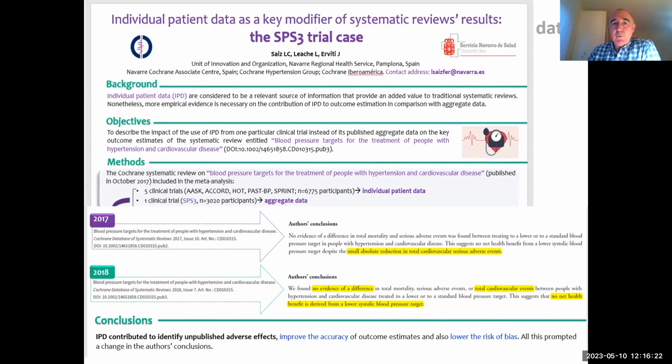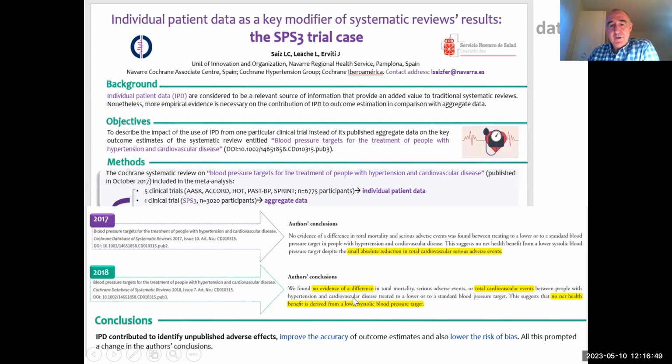But once we obtained the individual patient data, we realized we were wrong. And the trial had been misreported. And if we consider the whole picture, the whole information, we had to take it back and conclude that there was no difference between groups in any outcome.